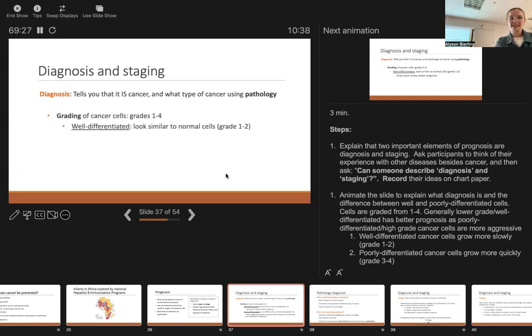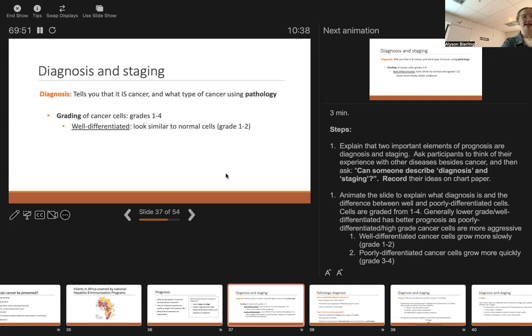All right, another factor that we consider when we're thinking about diagnosis is the grade of the cancer. Cancer cells are graded on a scale from 1 to 4. A grade 1 or 2 cancer cell, we say, is well differentiated.